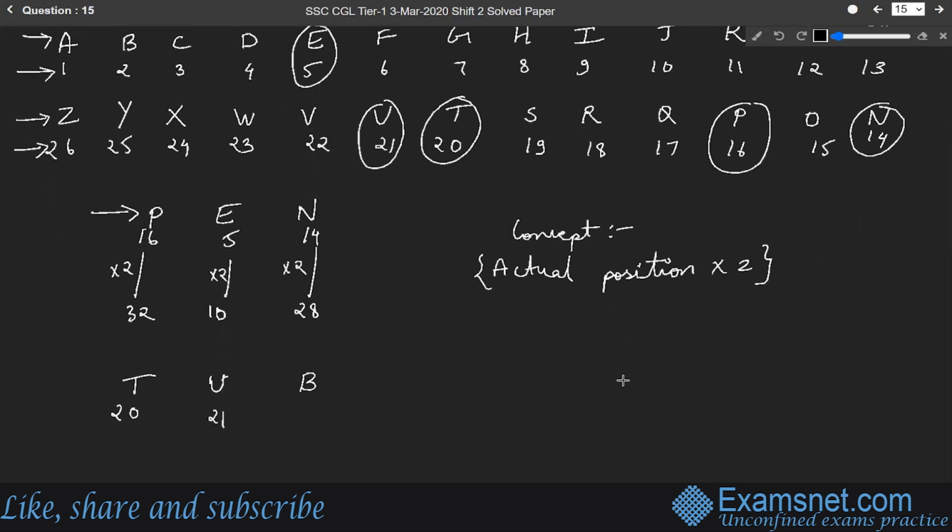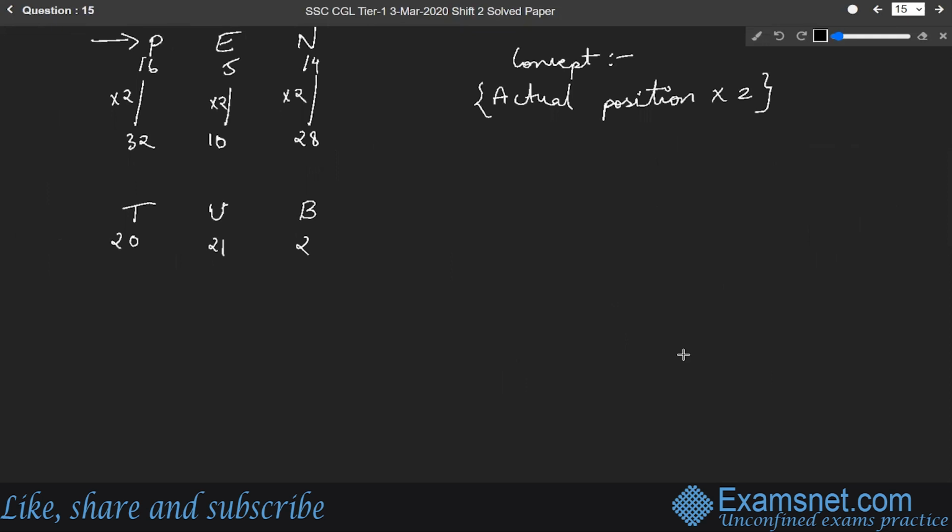And the positional value of B is 2. Now this is the actual position of the alphabets T, U, and B. The concept is actual position multiplied by 2. So 20 multiplied by 2 gives 40. 21 multiplied by 2 gives 42. And 2 multiplied by 2 gives 4.